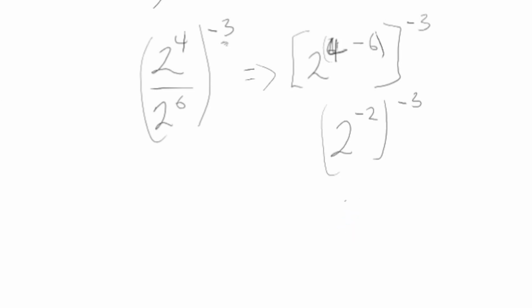So 2 exponent negative 2 times negative 3 should give you 2 exponent 6, and 2 exponent 6 is 64.